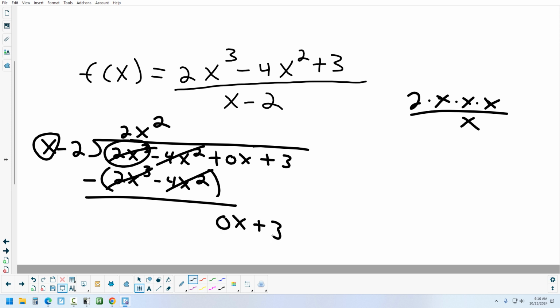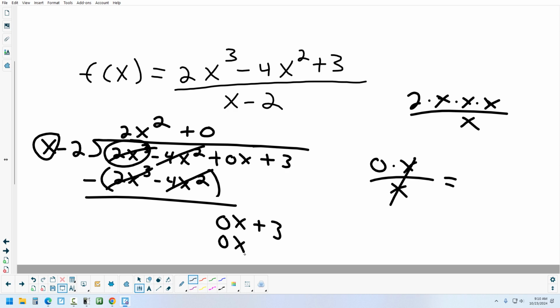And now you have 0x divided by x. Well, there the x's cancel, and what are you left with? 0. So you're done. You could put plus 0, but you don't really need to, because then you'd be distributing 0 back out. 0 times x.